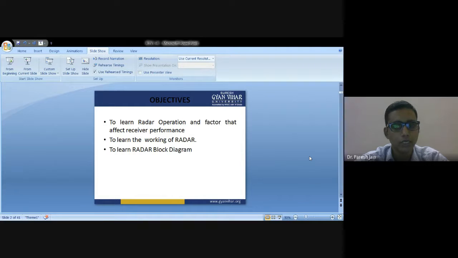The main objective of this lecture is to learn radar operation and the factors that affect the receiver performance, to learn how the radar basically works, and we will also learn the basic block diagram of pulse radar.